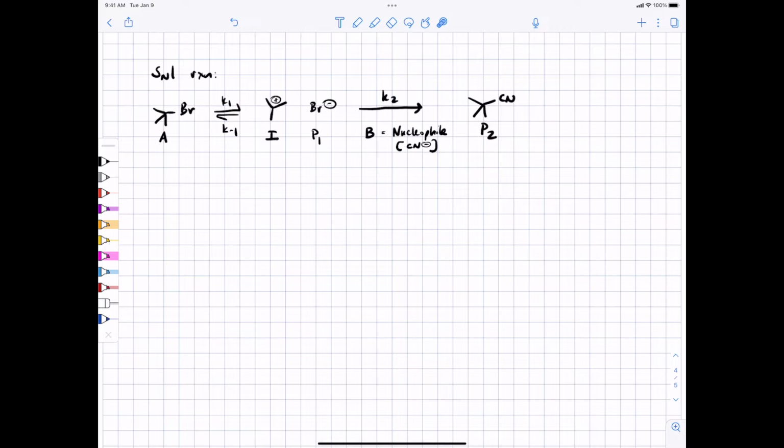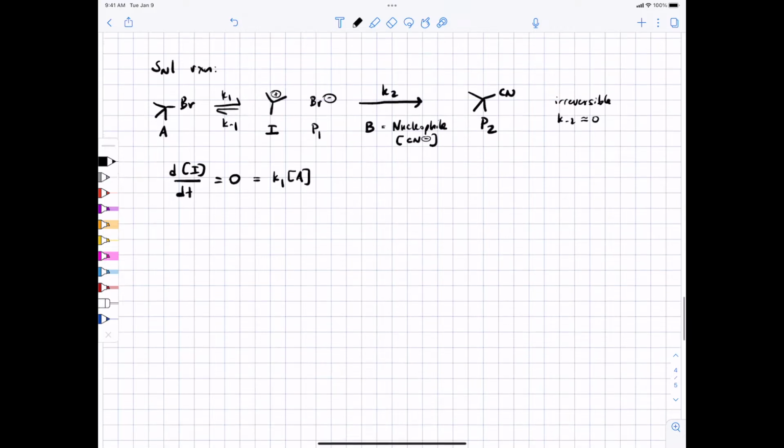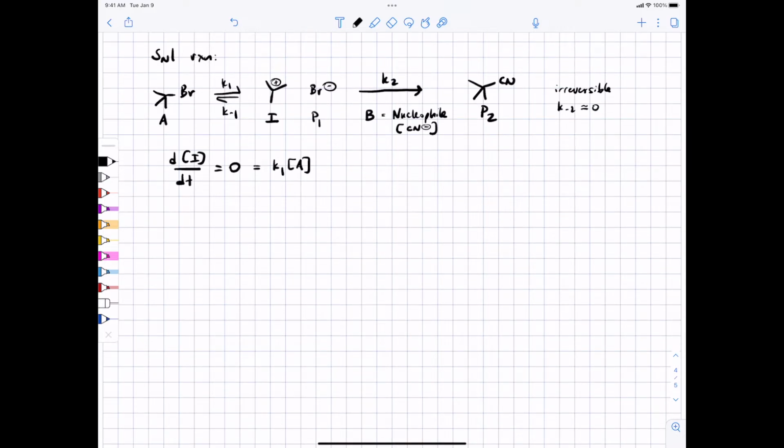As before, we're going to make the steady state approximation that the rate of change in the concentration of I, intermediate I, the carbocation, is equal to 0. We're going to add up all of the things that can generate intermediate I, and that's only this k1 step, because we're saying that the reaction is basically irreversible, that k-2 is basically 0. So k1 times A gives us I, and then I can disappear in two different ways.